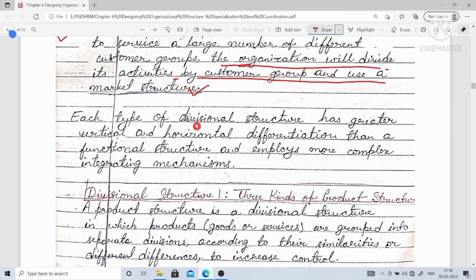In the divisional structure there is greater vertical differentiation, greater horizontal differentiation, and greater integrating mechanisms as compared to functional structure. In simple words, divisional structure has greater horizontal differentiation, greater vertical differentiation and greater integrating mechanisms.